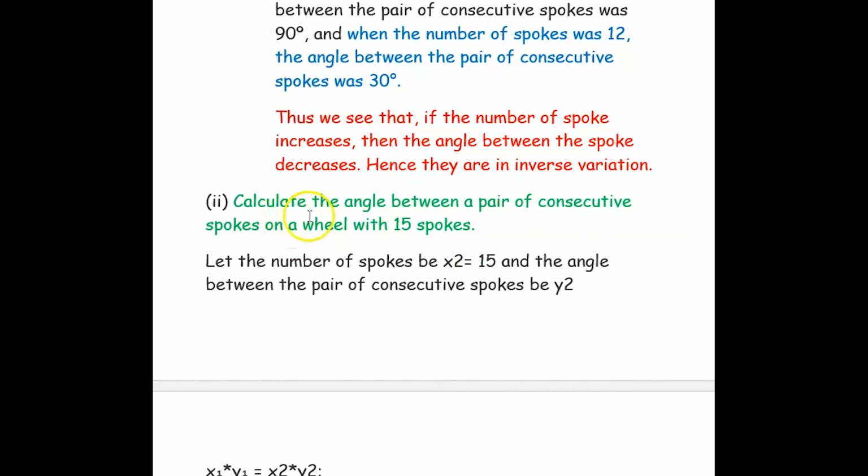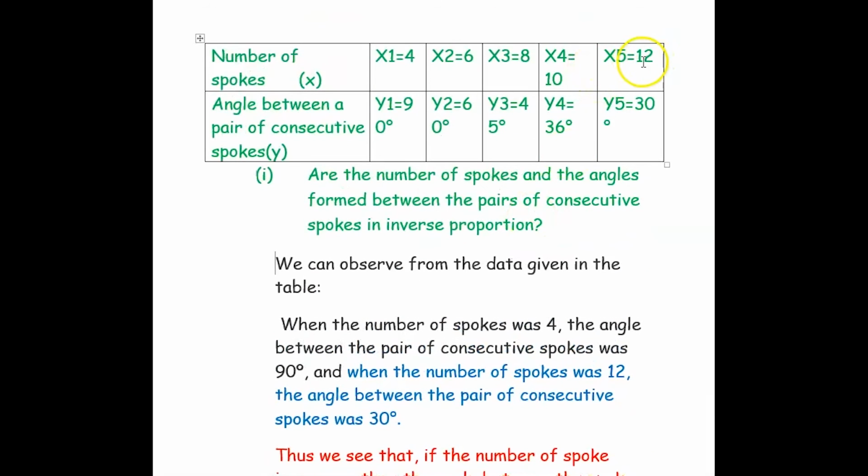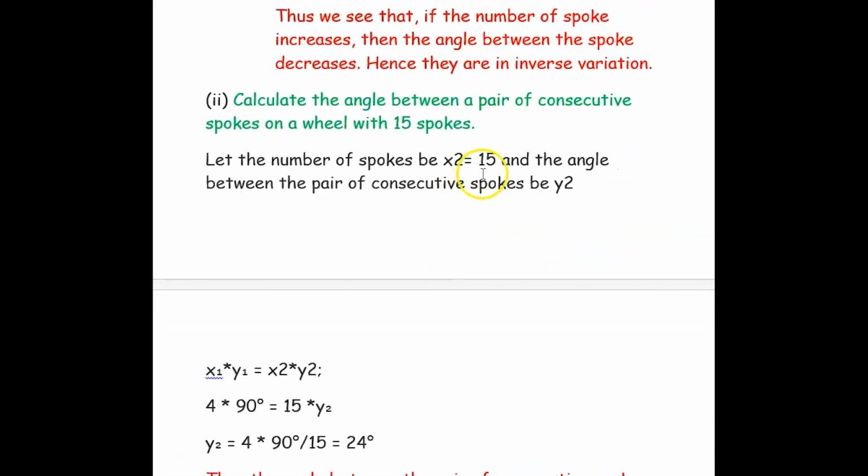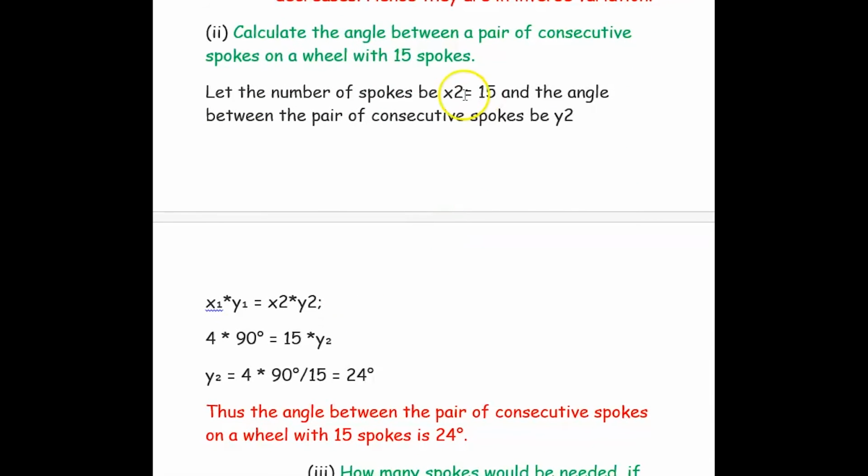Next question is, calculate the angle between a pair of consecutive spokes on a wheel with 15 spokes. In our table, we have found values only till 12 spokes. Now they asked us to find for 15 spokes. So let us take the number of spokes x2 as 15. In the same relation, x1 into y1 equals x2 into y2.